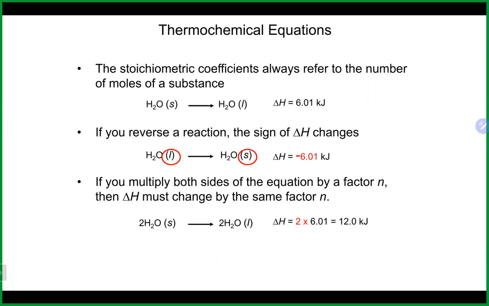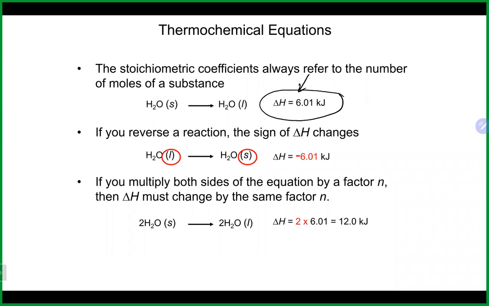So in this case, this is going from solid water to liquid water. The delta H for this reaction is 6.01 kilojoules. So when we go from ice to liquid water, we need to put energy in or take energy out? Energy needs to go in to do that, right? And it's endothermic, and that is why this value here is positive.